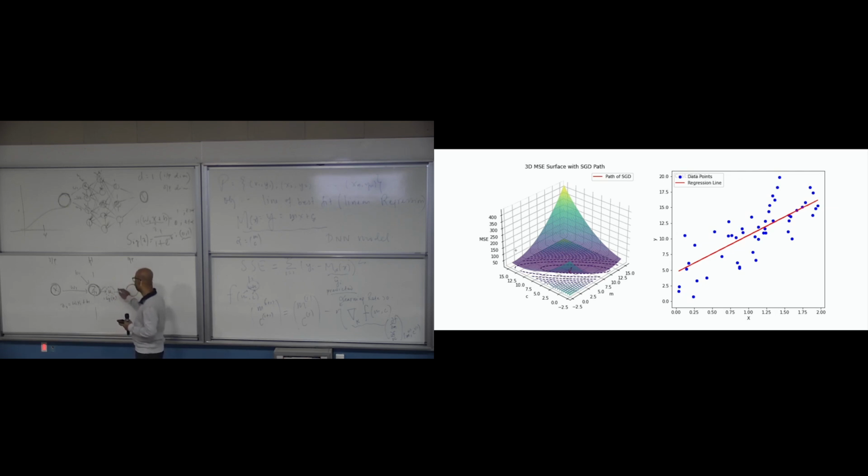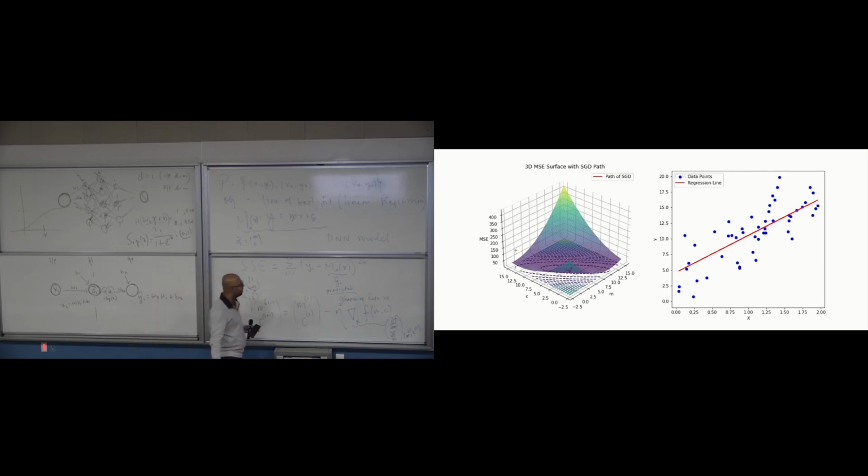Whatever that value of Hi is, I will feed it with another weight to my output, but before that I need to add a bias. So this is my output. This is yi hat, which is W2 Hi plus B2.